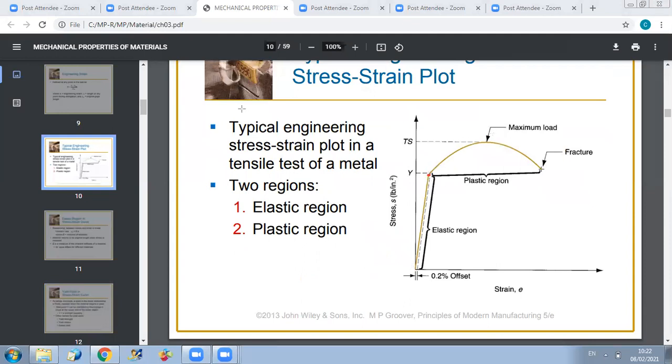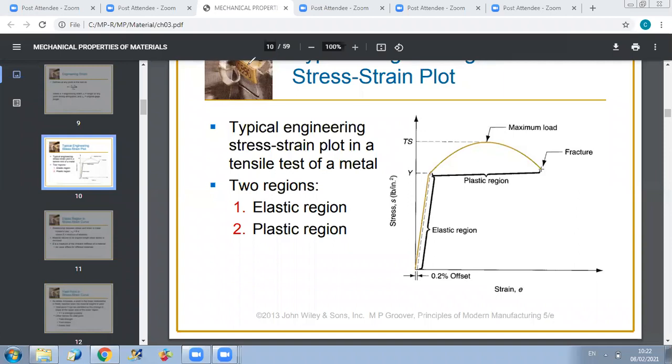Okay. However, sometimes you might have this profile, a curve like this. So it will not be clear what is the limit between the elastic and plastic region. So we have a method called the offset method, which consists of the following. It's a very simple method.